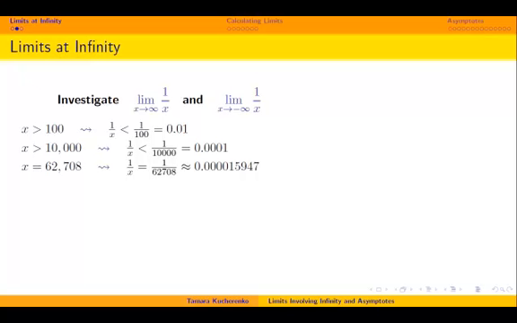For instance, for x equals 62,708, which is greater than 10,000, 1 over x equals 1 divided by 62,708, which is approximately 0.00001594, which is less than 0.0001.